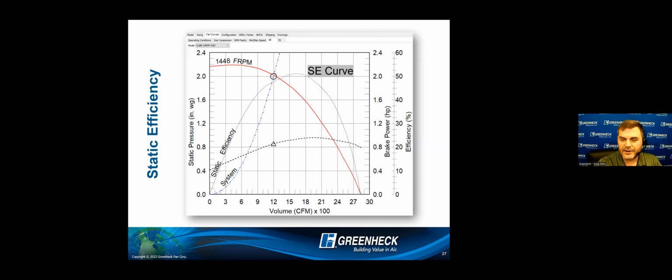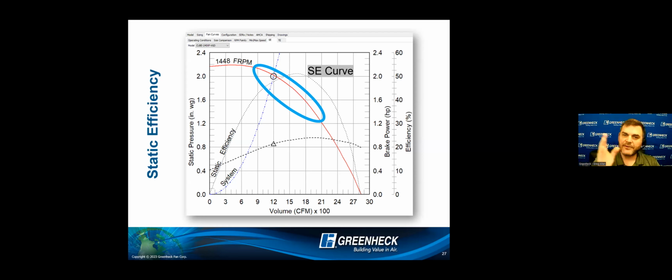Let me show this another way. Let me circle a range here. That range within the blue circle represents the top, let's call it 15%, of the static efficiency curve, right?